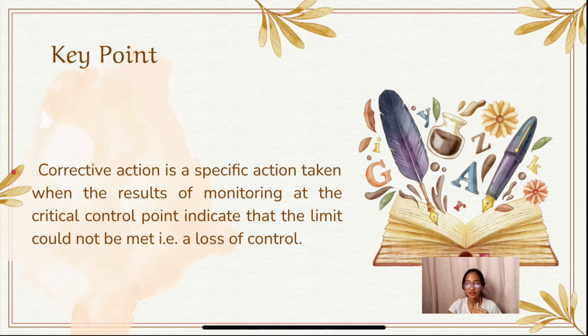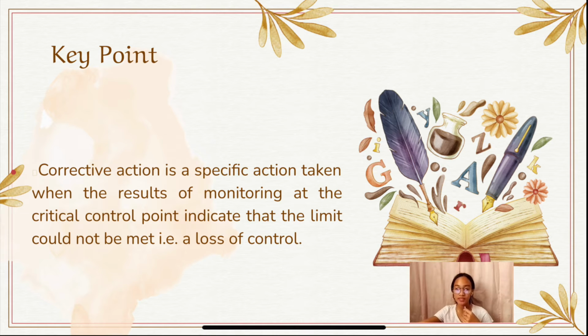Key points. Corrective action is a specific action taken when the results of monitoring at the critical control point indicate that the limit could not be met, loss of control. Since HACCP is preventive system to correct problems before they affect the food system, plant management has to plan in advance to correct potential deviations from established critical limits.